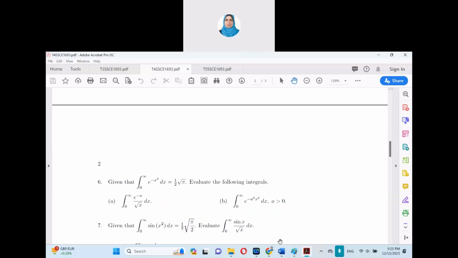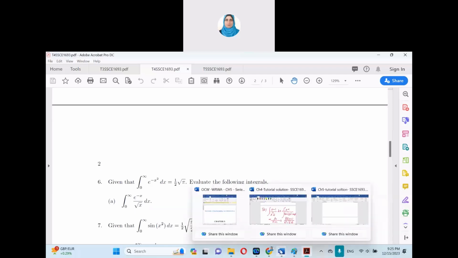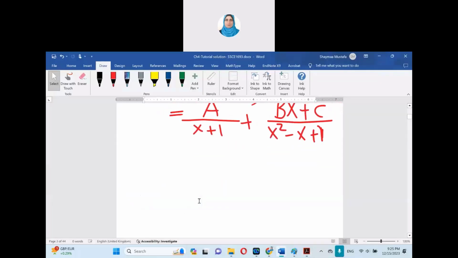For 6, we have the integration. Is it 6A or 6B, the student who is asking for 6? Or both? Because for 6, we have that integration from 0 to infinity.